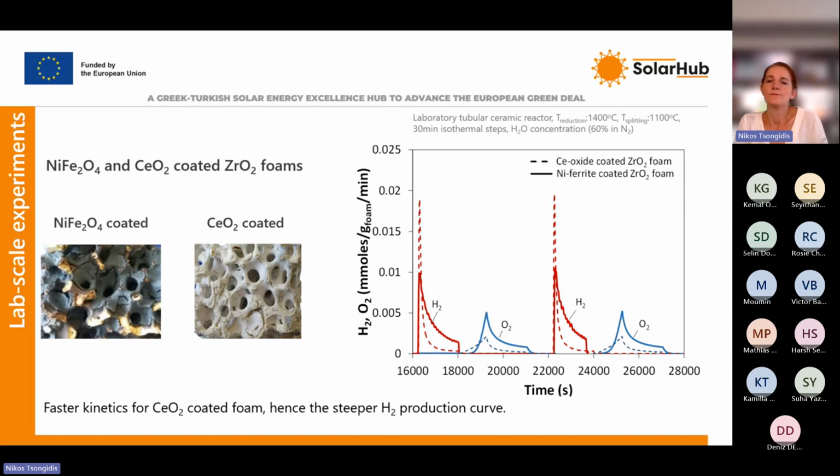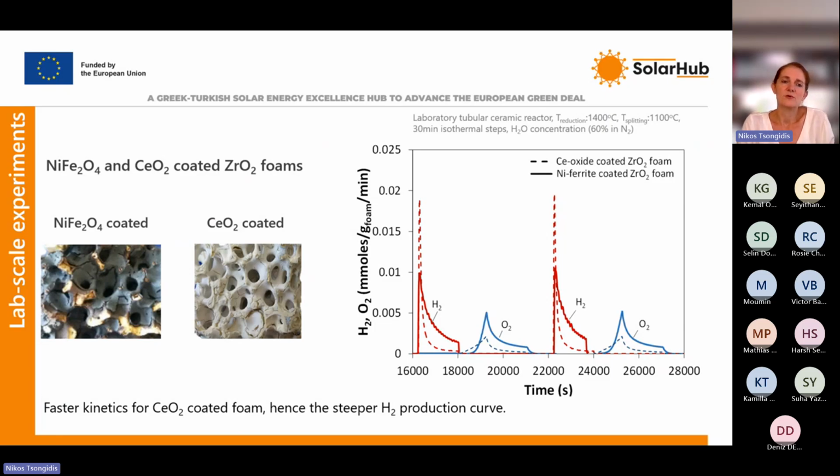Now, I will show you a few examples of use of these structures, mainly in the research for water splitting and production of hydrogen. For example, the research starts in laboratory scale reactors, comparing different structures or different materials, redox materials, metal oxides, for the production of hydrogen.